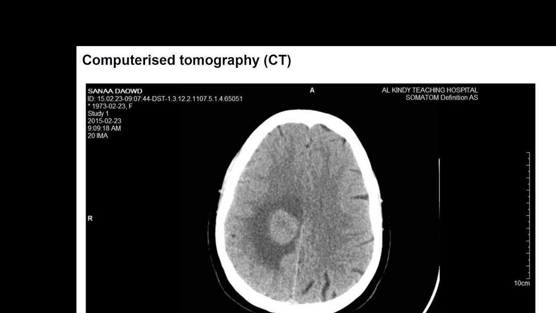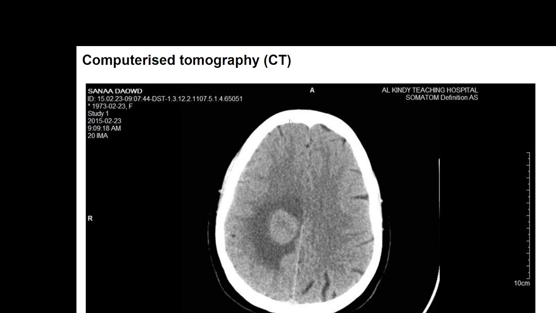Hence, in the 1970s, when the CT scan was invented, it was considered that the neurological conditions could be completely solved. Particularly, whenever there is a lesion, a suspected difference in the density of the brain tissue, like a tumor or a clot or maybe a dead tissue, that can be made out better with the CT scan.